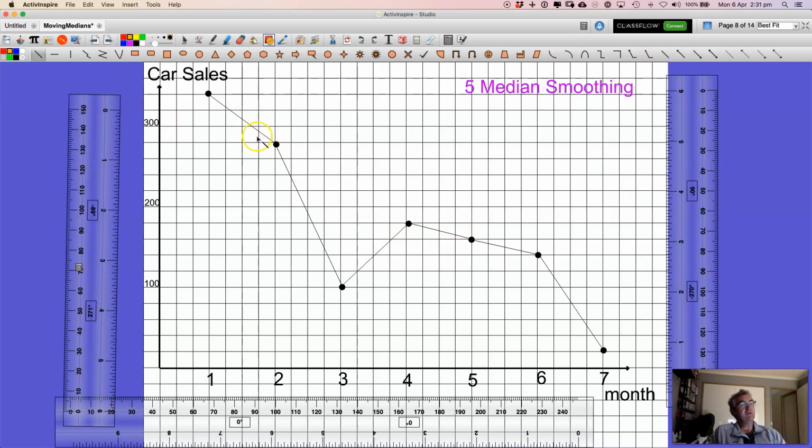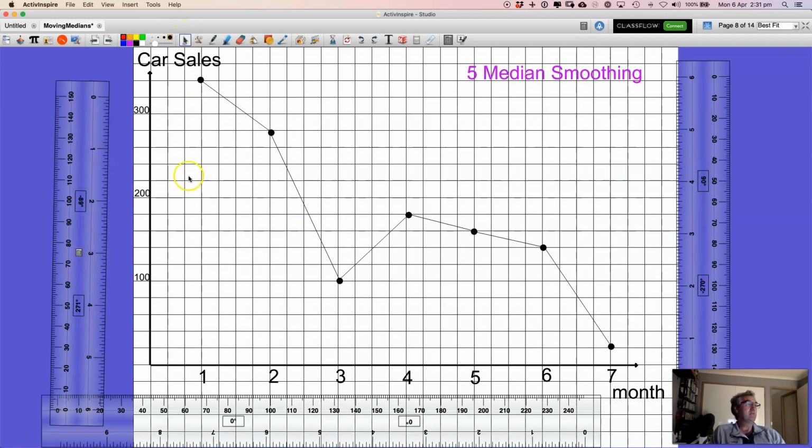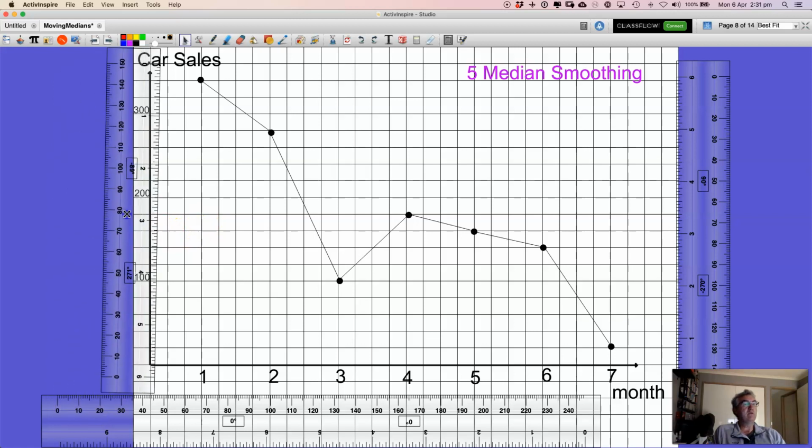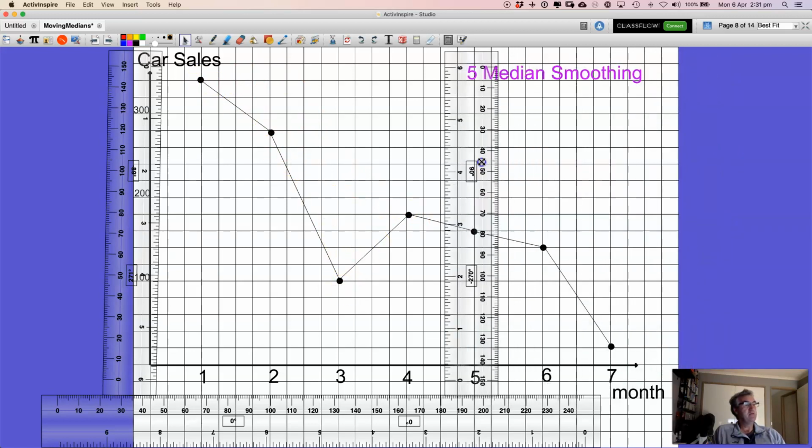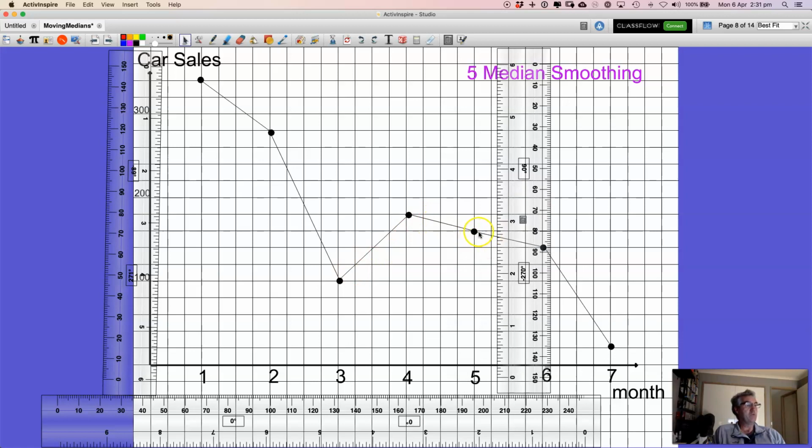Now, this time I'm going to be applying the smoothing across 5 points at a time. I need to consider the middle point when I have 5 items of data, 5 points. So, you'll see here, 1, 2, 3, 4, 5. So my first median will be the median for these 5 points.